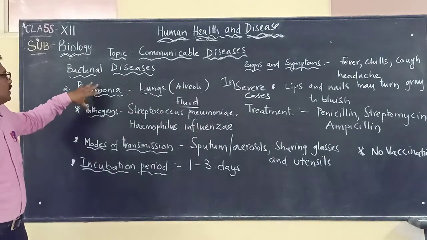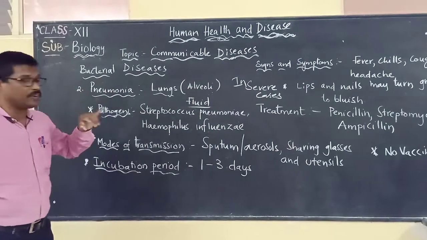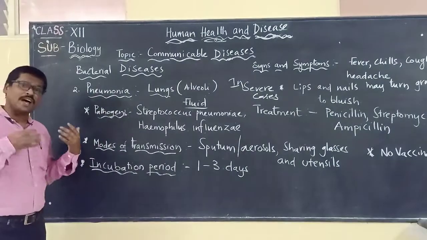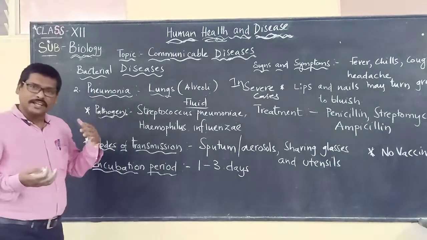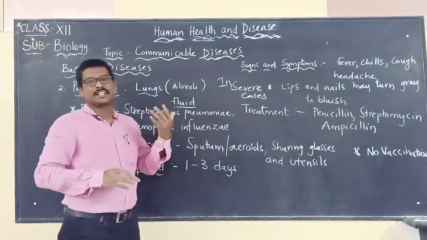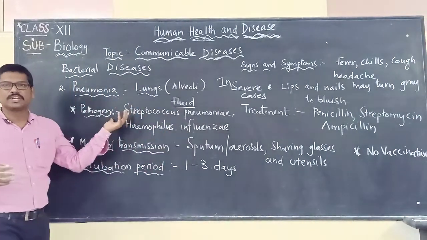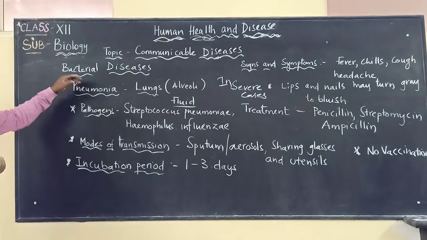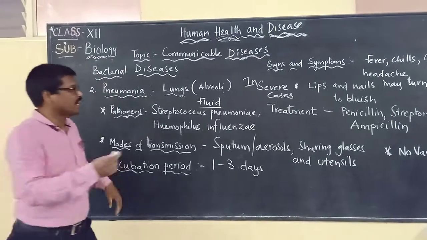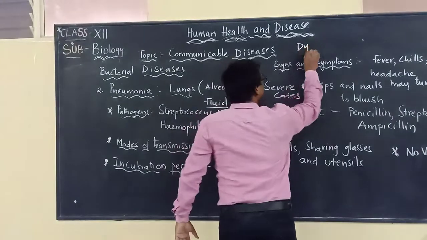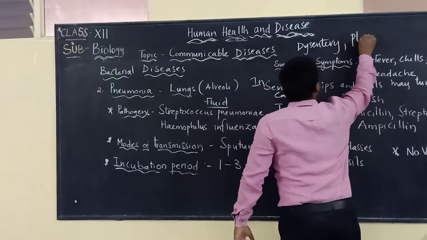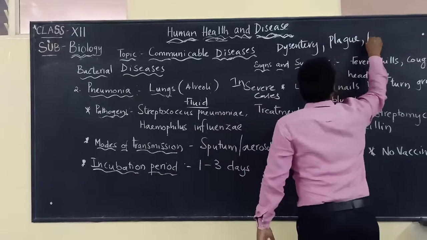So these are the two diseases which we should keep in mind. The first one is typhoid and the second one is pneumonia, which we studied. And there are also other diseases that come under the bacterial diseases, such as dysentery, plague and diphtheria.